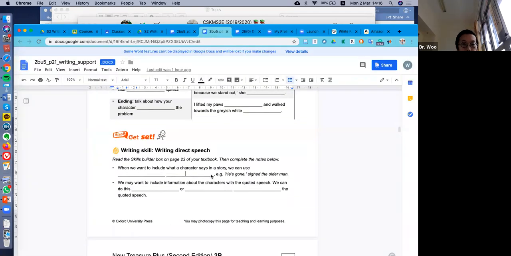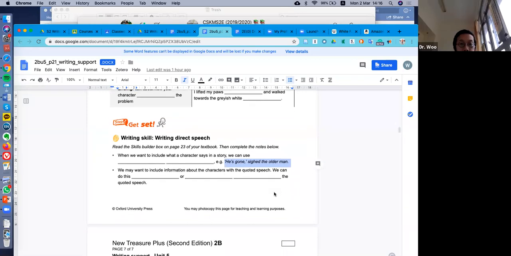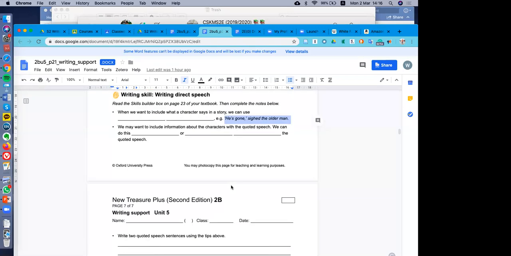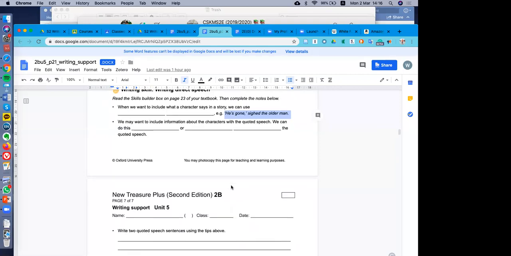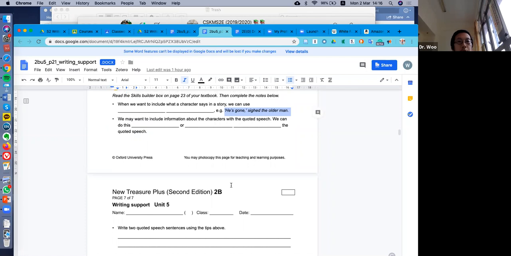So we need to learn to write direct speech. And this includes saying something in quotes. So why don't we actually write direct speech, two direct speech sentences in quotes?